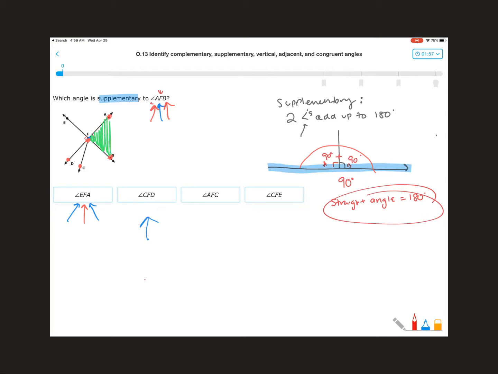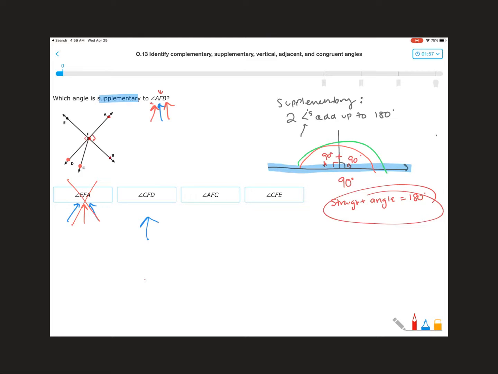So that angle right there, that's 90 degrees, plus that little angle did not give you a complete straight angle, right? There's a missing piece. All right, cool. So it's not that, right? That's not the answer. So it's not this one.